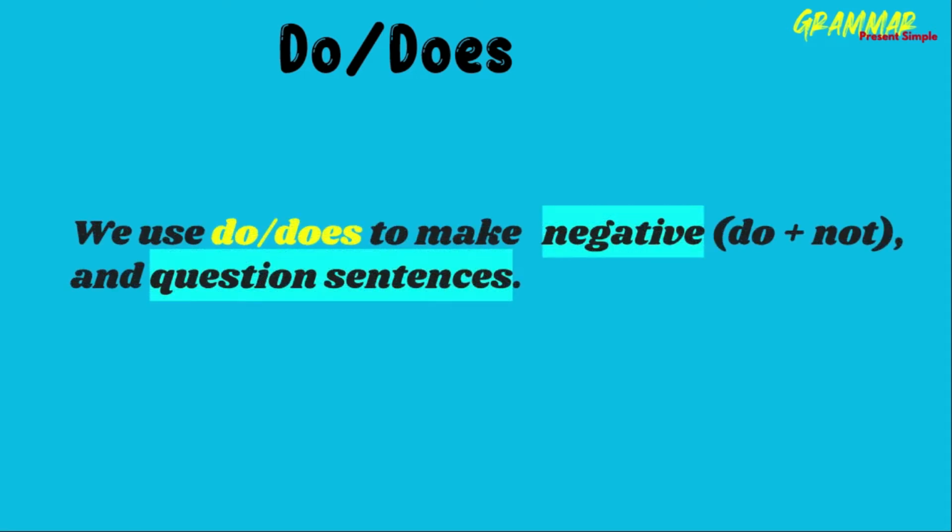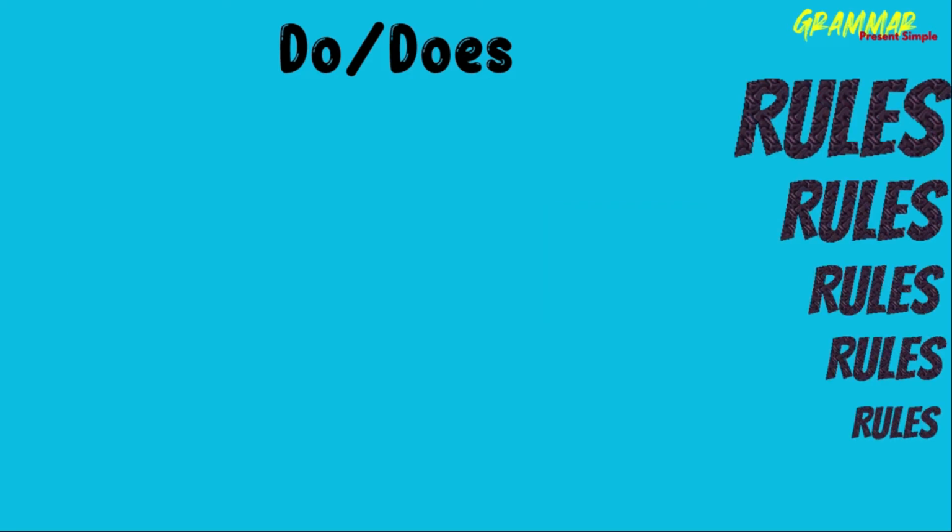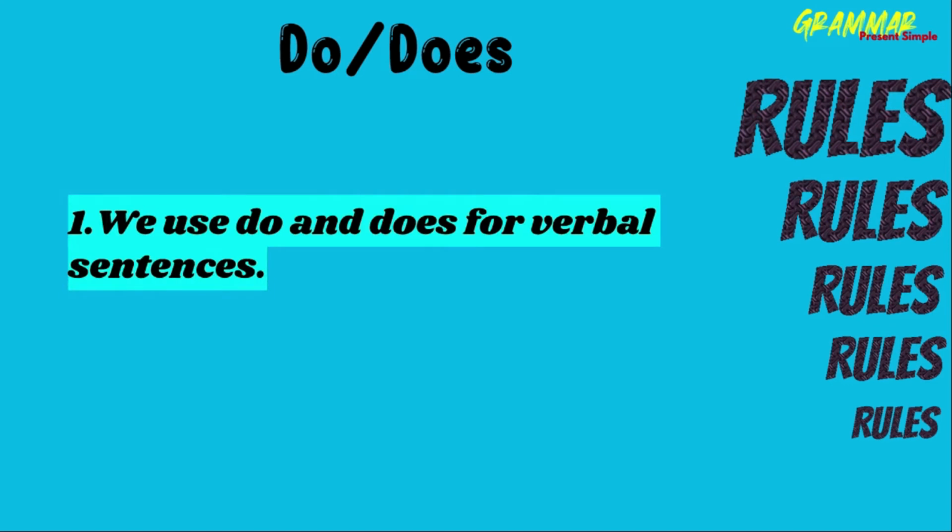As for do and does, we need to know how to use do and does. We use do and does to make negative do not and question sentences. We need do and does to make these 2 types of sentences for the present simple. So what are the rules for do and does? Number 1, we use do and does for verbal sentences.